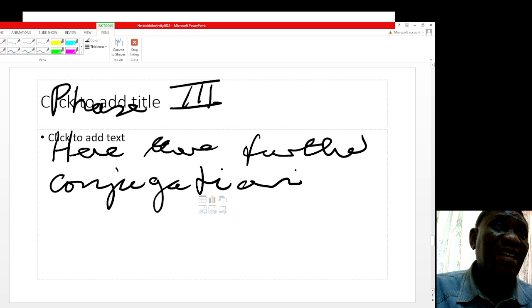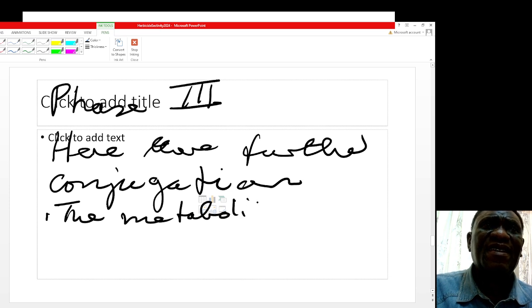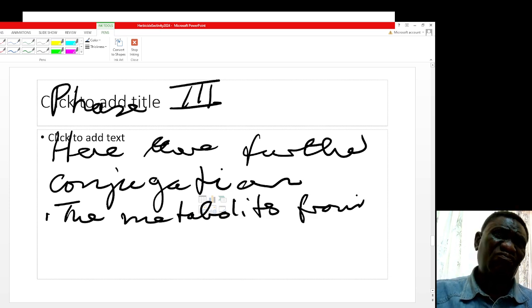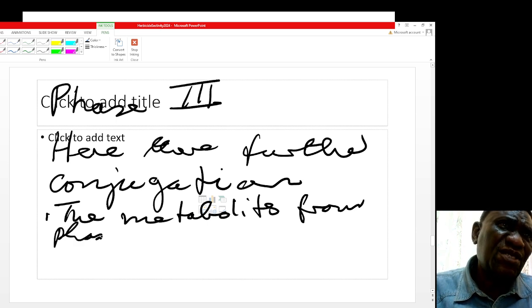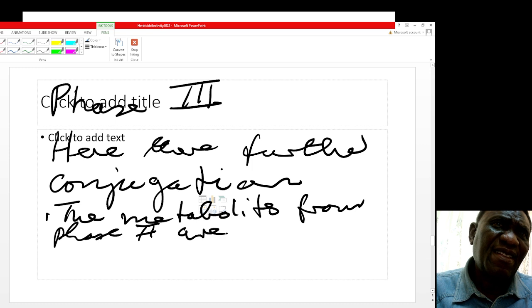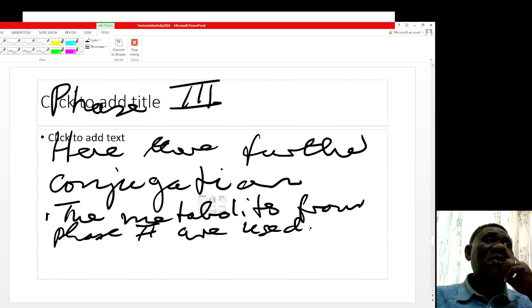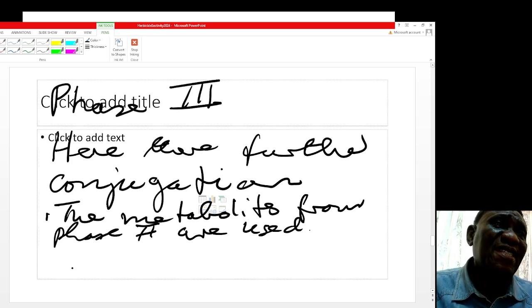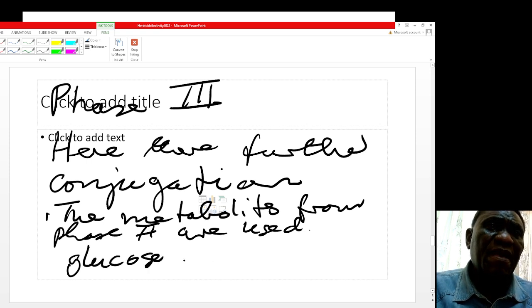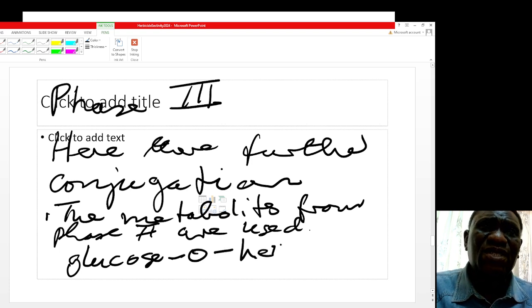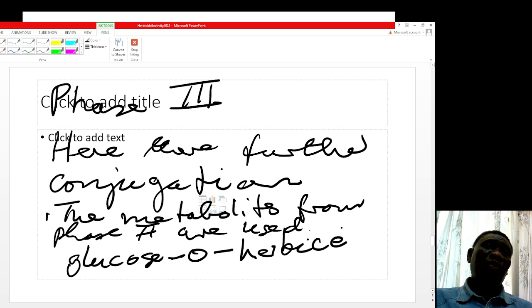The metabolites from phase 2 are used. We cannot talk about each and every metabolite, but for example, we have glucose or herbicide, which is a product of O-glycosylation in phase 2.